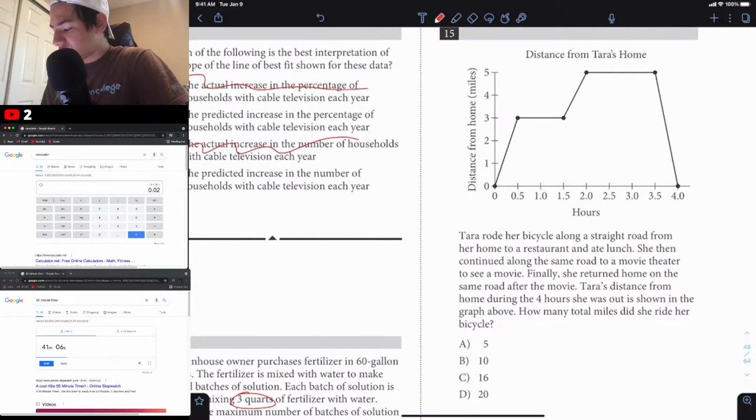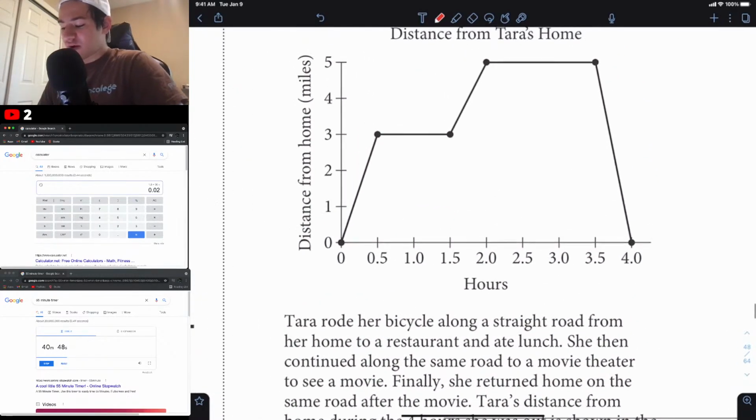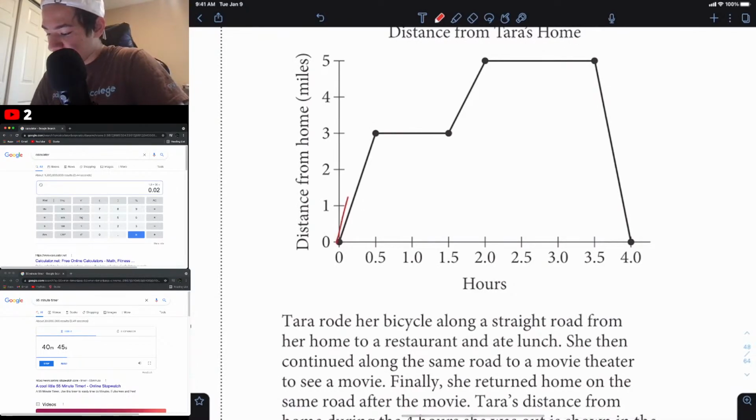All right, distance from Tara's home. Tara rode her bicycle along a straight road from her home to a restaurant and ate lunch. She then continued along the way to a movie theater to see a movie. Finally, she returned home on the same road after the movie. Tara's distance from home during the 4 hours she was out is shown in the graph above. How many total miles did she ride her bicycle? So she rode 3 here, right?